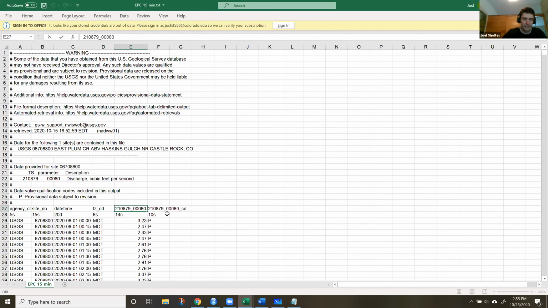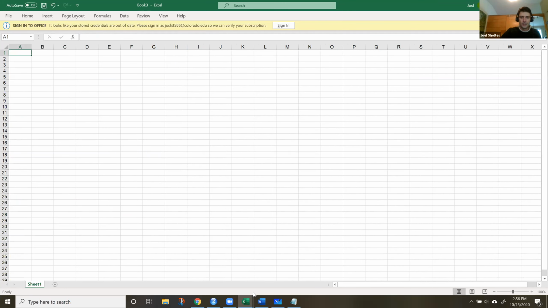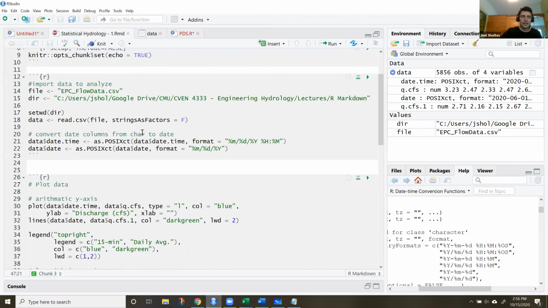This is the code right here, 60, and it tells you what your parameter is. And this is 60, discharge, cubic feet per second. Okay, so that's a basic way of importing USGS data. It's tab separated, and you have to save it to a text file first and then import it into Excel. So I just wanted to go over that.